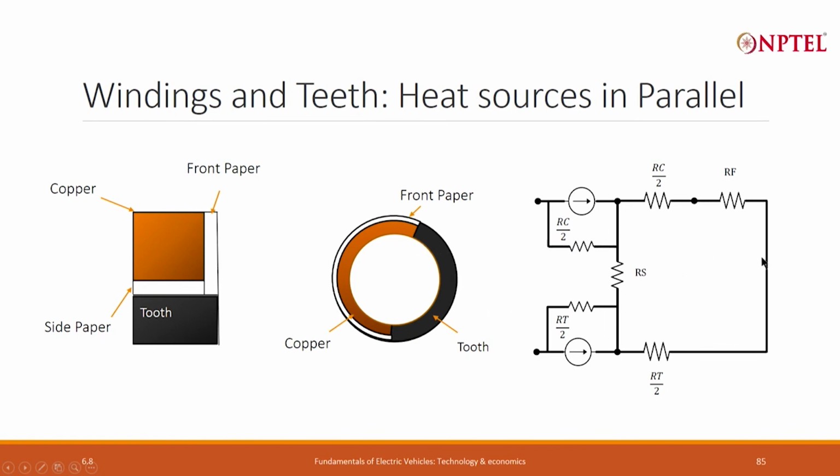So, I can calculate RC, which is the resistance of the copper, and RT, which is the resistance of the teeth, and then show it using our Norton representation as RC by 2, RC by 2, RT by 2 and RT by 2. And between them there is a resistance due to the paper, the side paper, and the copper is further facing resistance in this direction, radially outward direction, from the front paper. So, this part of the circuit is clear, no problem.